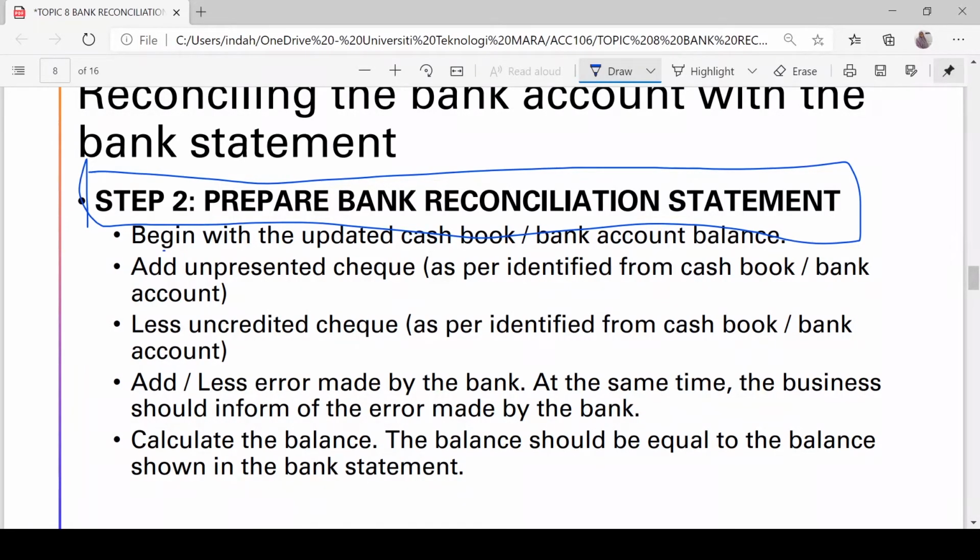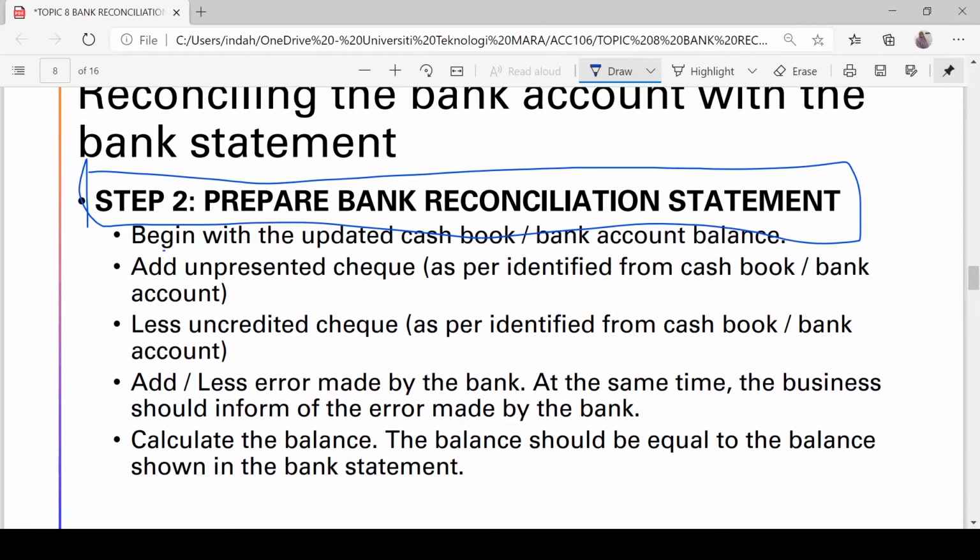But when you present the check to the bank, maybe there is a delay in the processing time, so the check will be processed in the following month, for example. That's why it does not appear in your bank statement. The amount of the check is not yet added to the balance in the bank, so that's why we need to less.